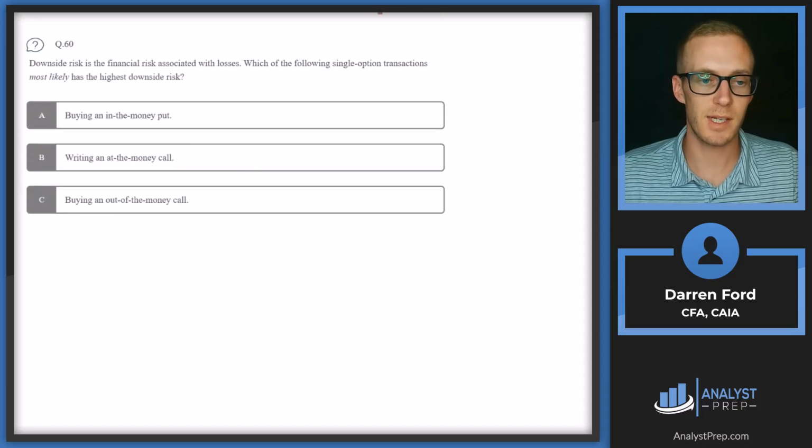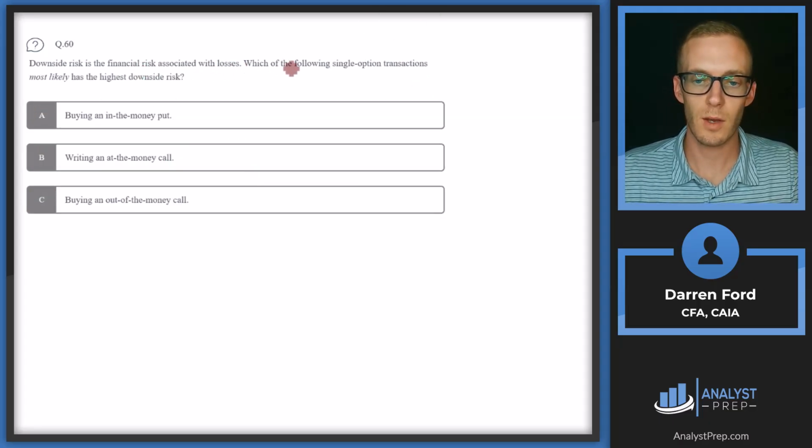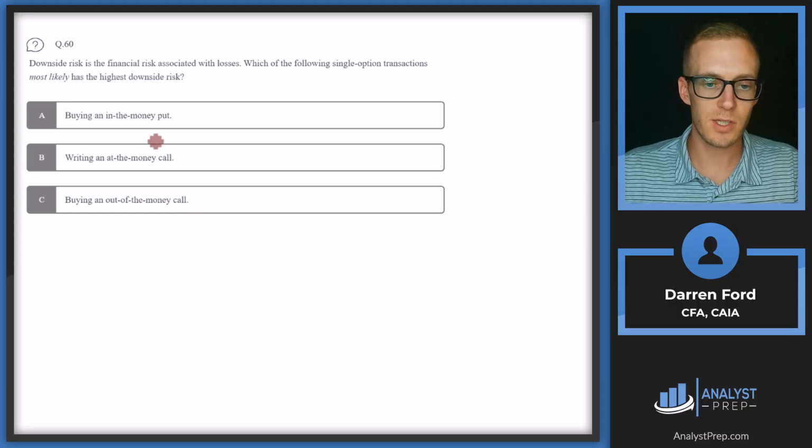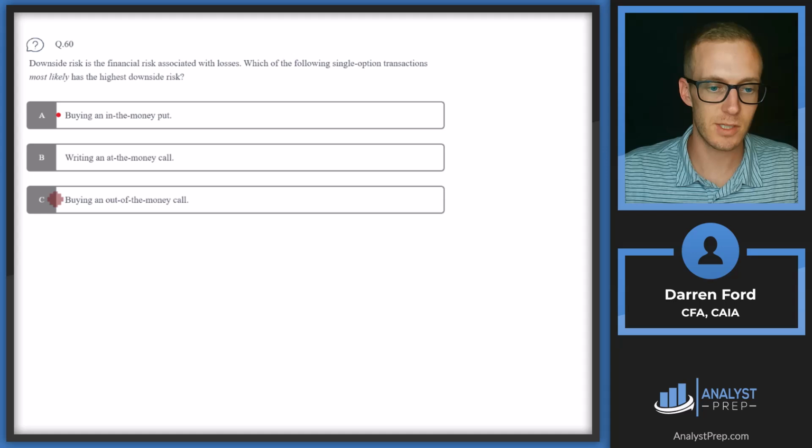Answer C. Question 60. Downside risk is the financial risk associated with losses. Which of the following single option transactions most likely has the highest downside risk? A, buying an in-the-money put, B, writing an at-the-money call, or C, buying an out-of-the-money call. Of these three, we are buyers on A and C, and in B, we are writing or selling the call.